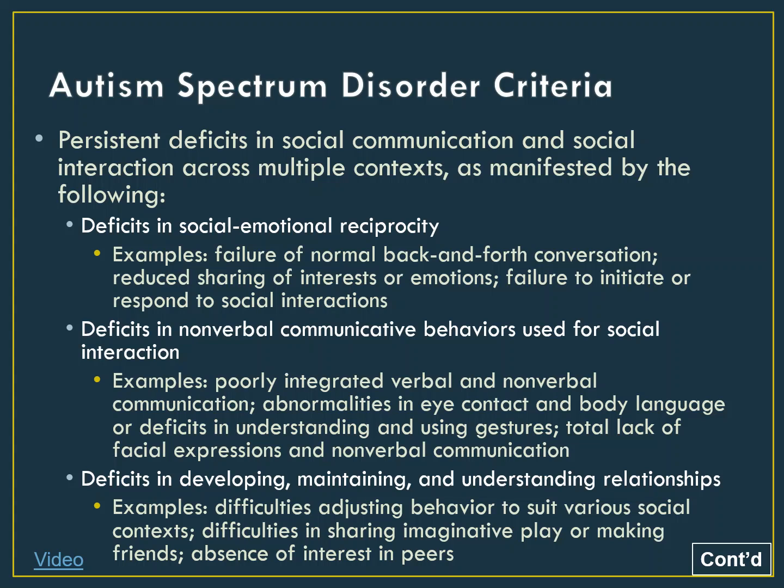With regard to deficits in nonverbal communicative behaviors used for social interaction, people with autism spectrum disorder have trouble understanding the use of nonverbal behaviors that we frequently use to communicate. They may demonstrate poorly integrated verbal and nonverbal communication, meaning that their nonverbal behaviors are not aligning with their verbal communication.